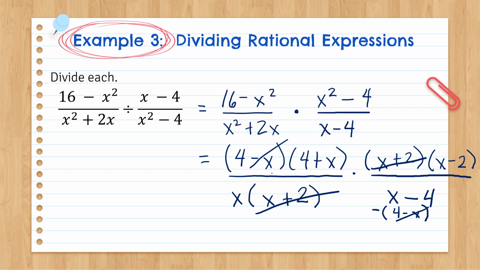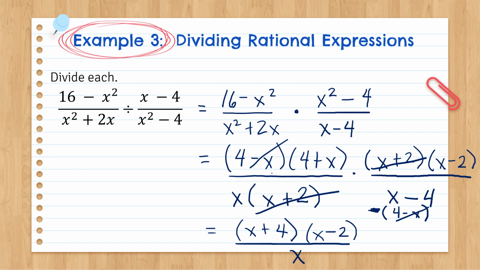So for our final answer, i-switch lang natin itong dalawa, but we are not going to change the sign. So we have x plus 4 times x minus 2. For our denominator, we are left with x. As you would notice, we factored out negative 1 a while ago, so we cannot simply eliminate the negative sign.